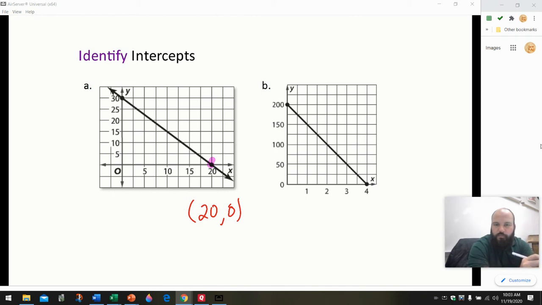So the ordered pair for the x-intercept would be 20, 0. Now, in similar fashion, if I go right here, and you can see that the y-intercept, it's crossing at 30. But from the origin, we simply went up to 30. We did not go left or right. So the ordered pair for this would be 0, 30.